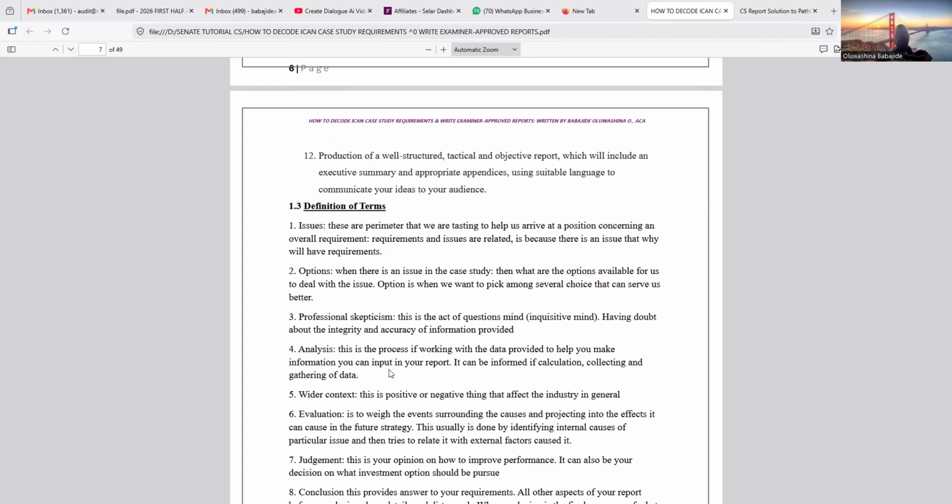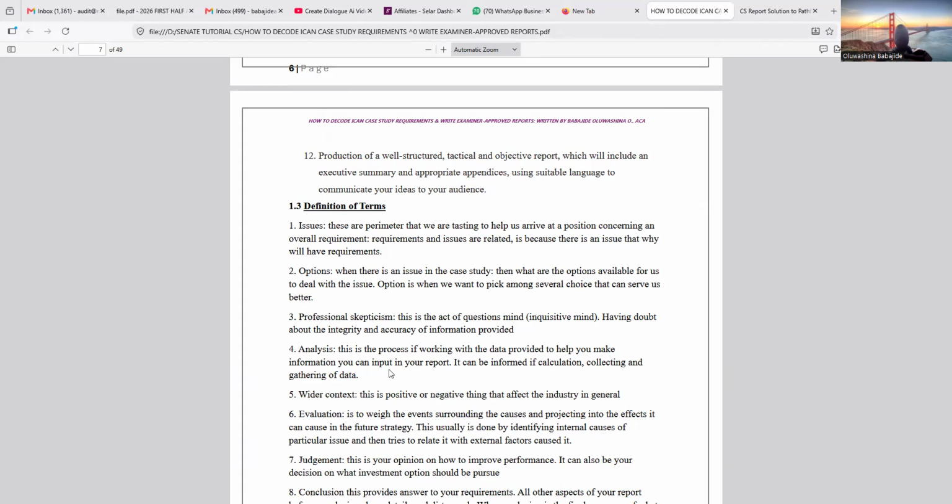The reason is, for example, if two of you are writing a report for ABC Limited, and they provide a detailed report to Mr. A, and they give you, Mr. B, limited information, do you know that Mr. A is going to have a better report than you, who has limited information?